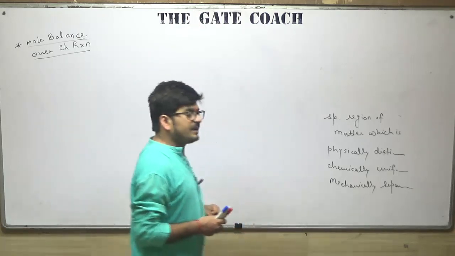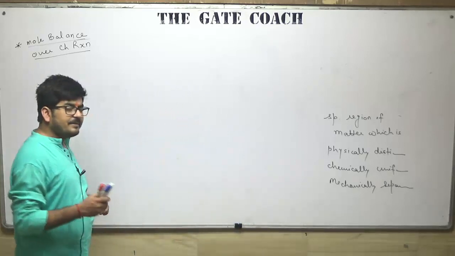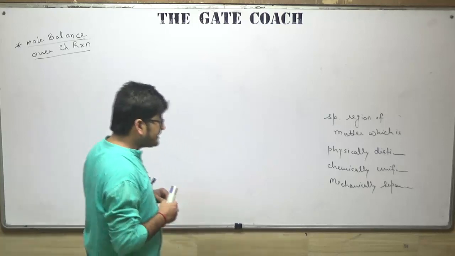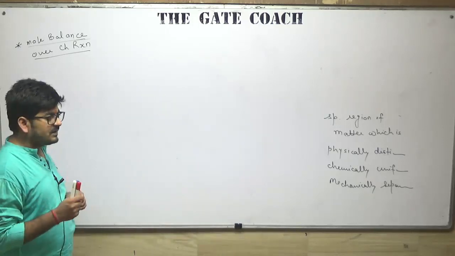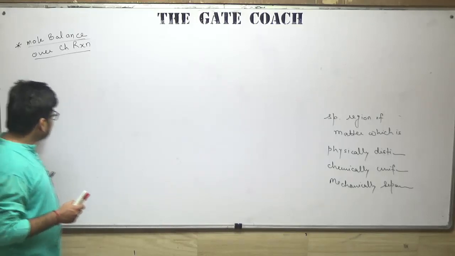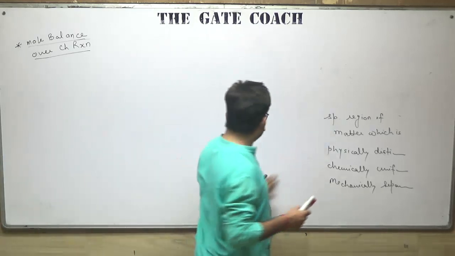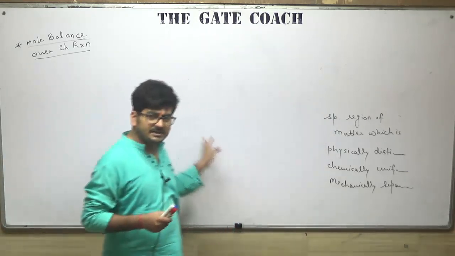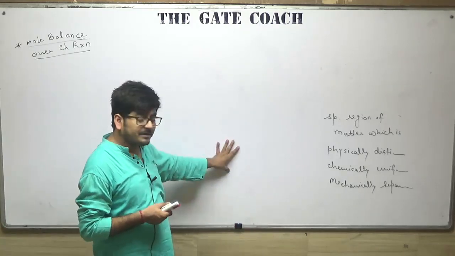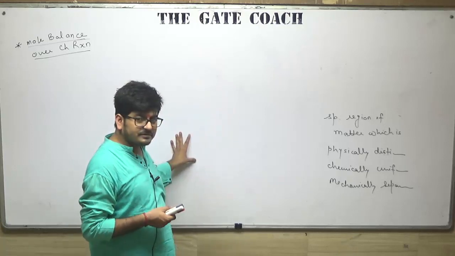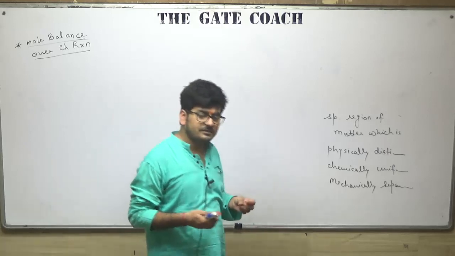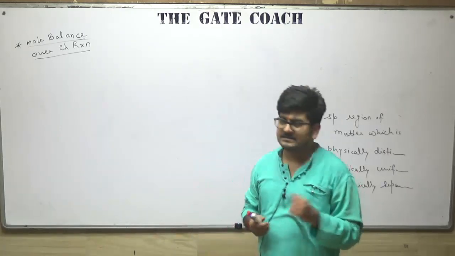Second, chemically uniform, meaning the chemical composition of the matter in that region remains uniform. It's not constant, actually I should say uniform. So from this point throughout this board, you can see the chemical composition is the same. And mechanically separable: we can easily separate this white color material from all these things by using some external force. So that is a phase.